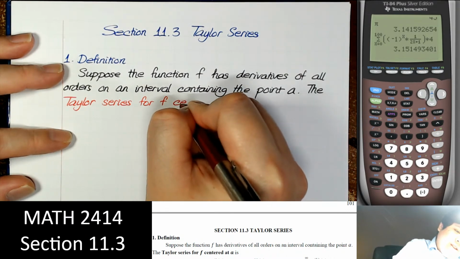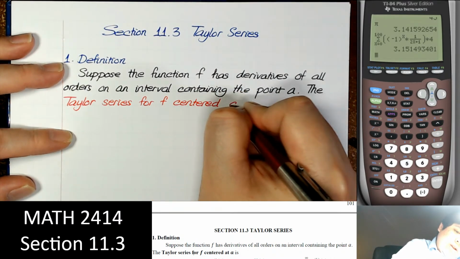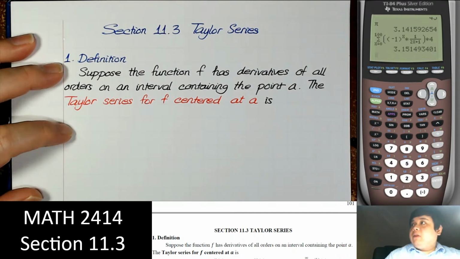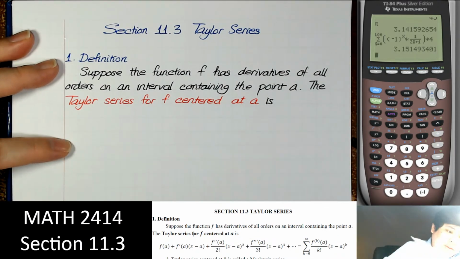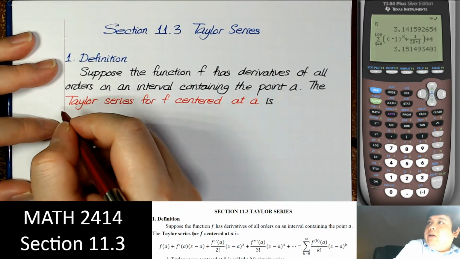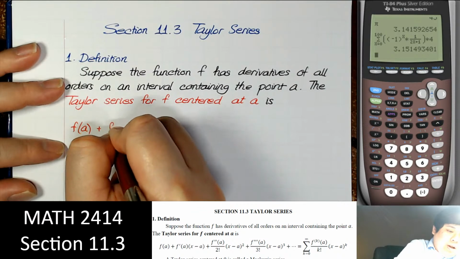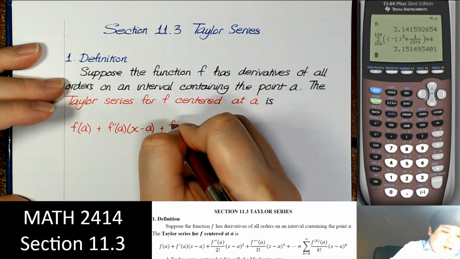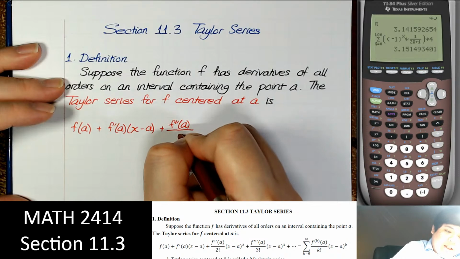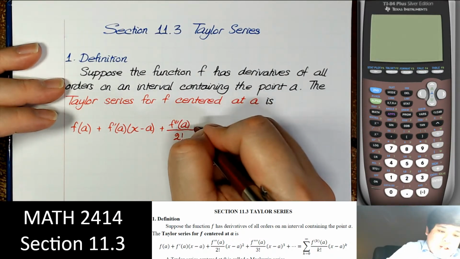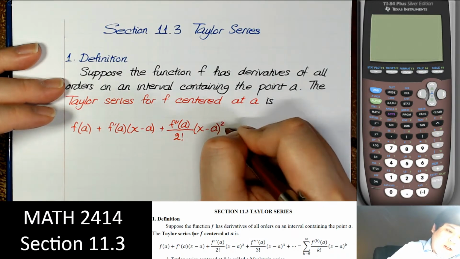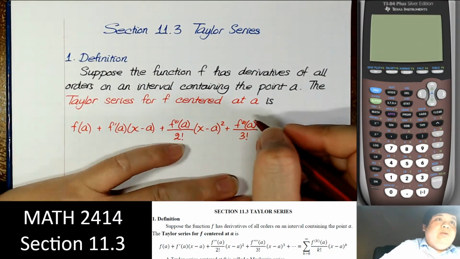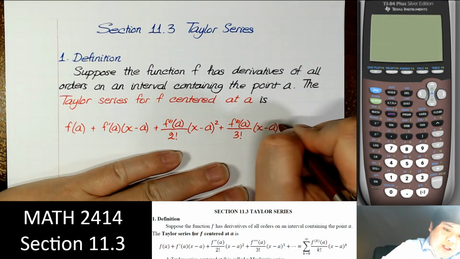For f centered at A is f of A plus the derivative at A times x minus A, plus the second derivative at A over 2 factorial times x minus A squared, the third derivative over 3 factorial times x minus A cubed.